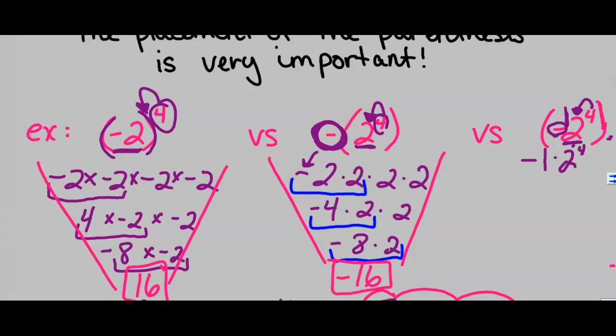So taking the 2, we have that appear 4 times, exponent of 4. 1, 2, 3, and I'm going to move back over here, 4. Okay, and the negative just kind of falls down again.